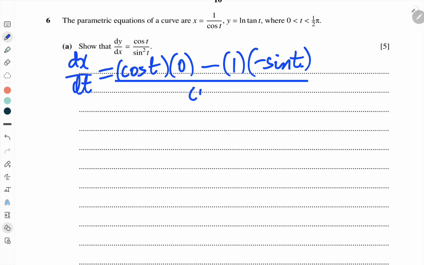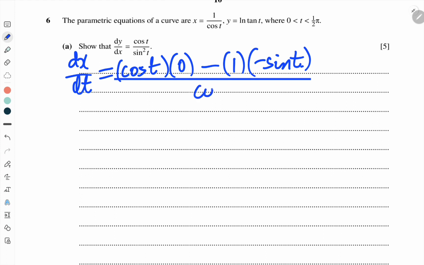the denominator squared. Let me take that again. So all over the square of our denominator.